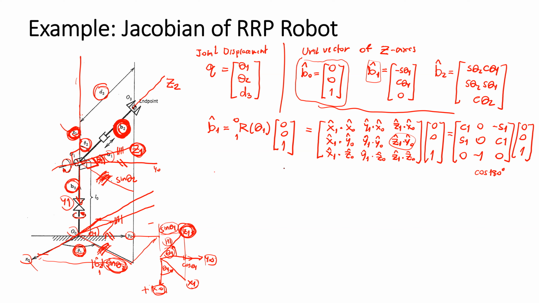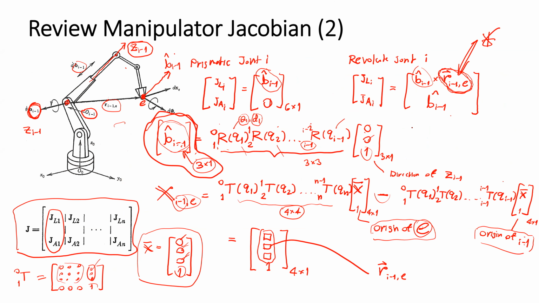So by here we can see that the unit vector b1 is equal to minus s1, c1 and 0. You can compose the unit vector this way.